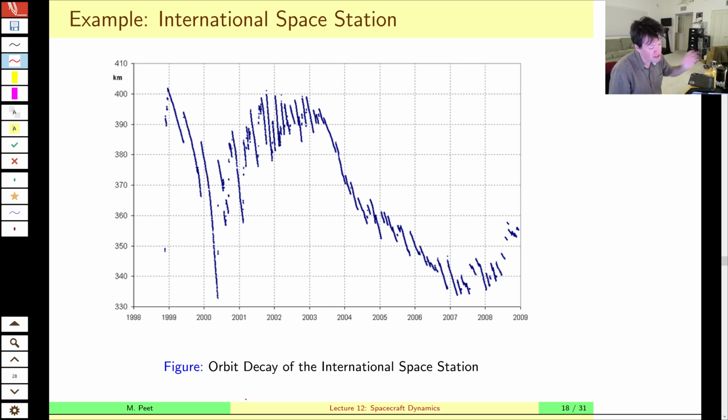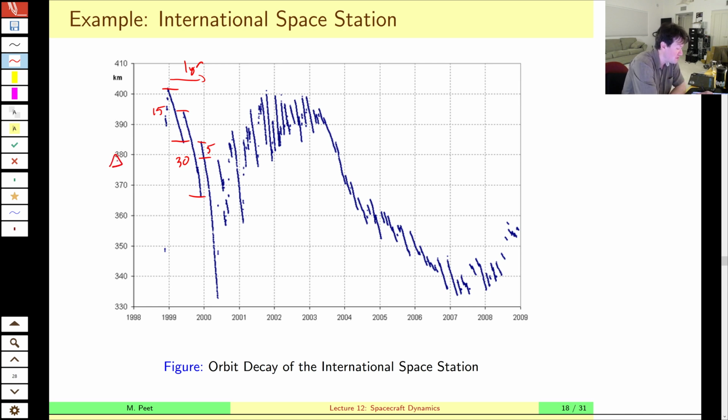So what we see here is the altitude plot for the International Space Station as a function of time. This is a year, and we can see that the change in semi-major axis over a year is quite substantial. This looks like 15 kilometers, this looks like 30 kilometers, this looks like 5 kilometers.